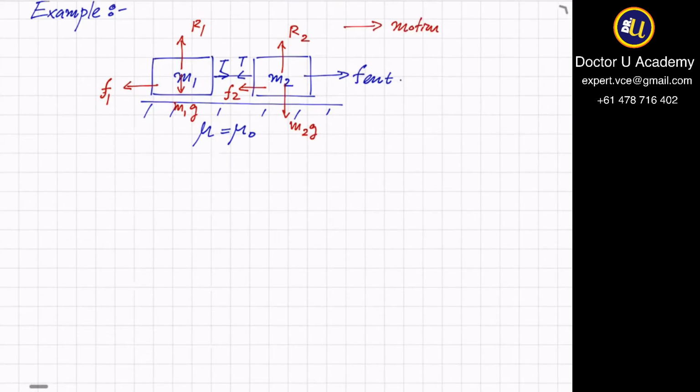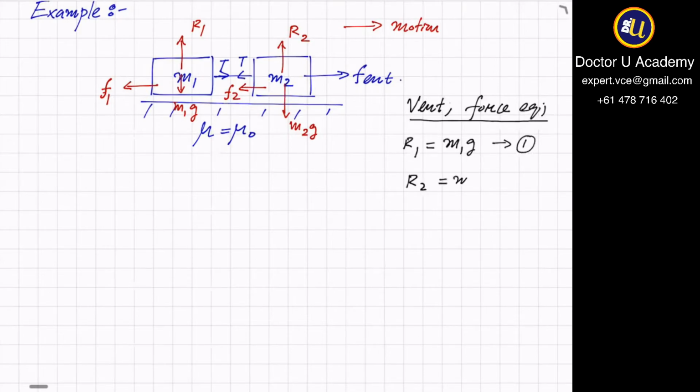Now using vertical force equilibrium, what we can say is R1 is equal to m1g and R2 is equal to m2g.